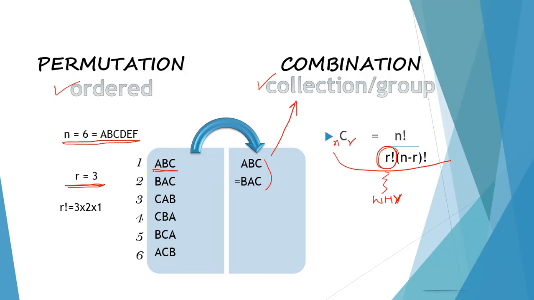If we select A, B, C, this is one combination. r factorial means how many arrangements of this one combination are possible. And we can see that there are 6 possible orders or arrangements for this one combination. So by dividing by r factorial, we are actually eliminating their permutation counterparts. We are just retaining the original combinations. So this is the logic behind this formula.